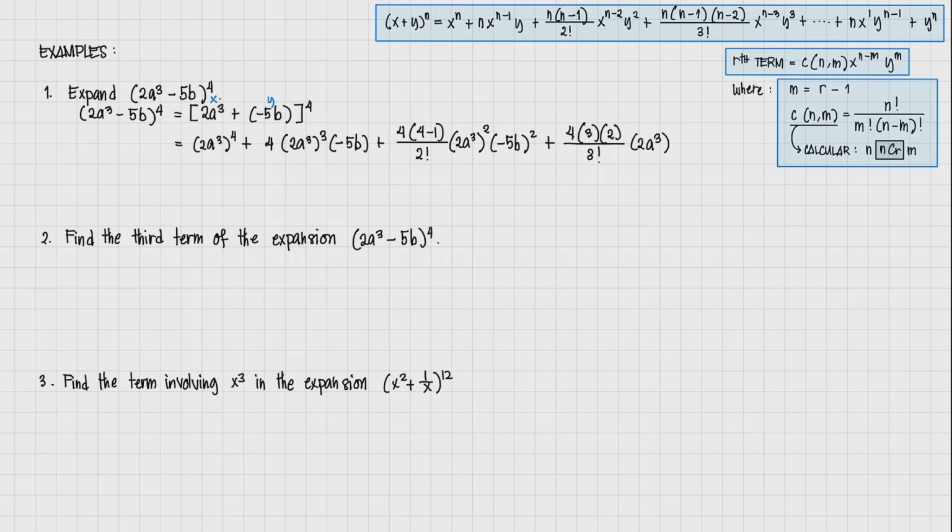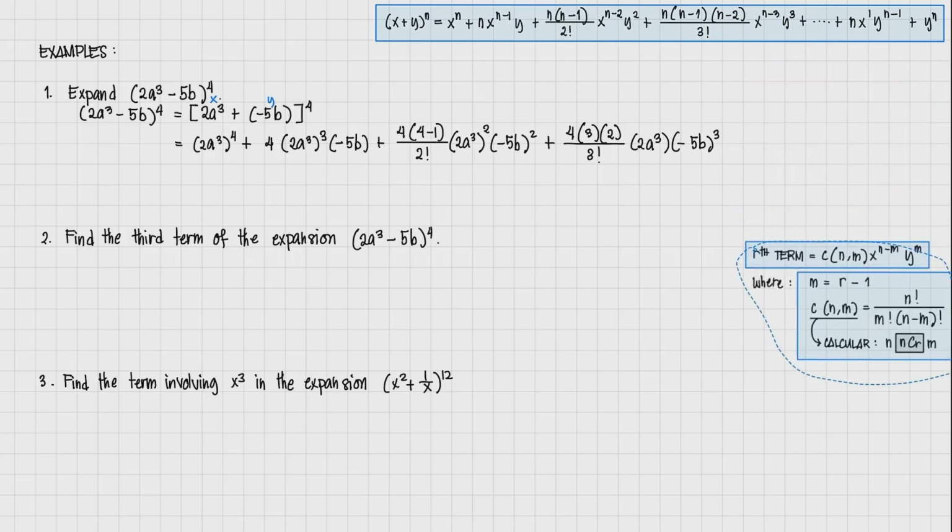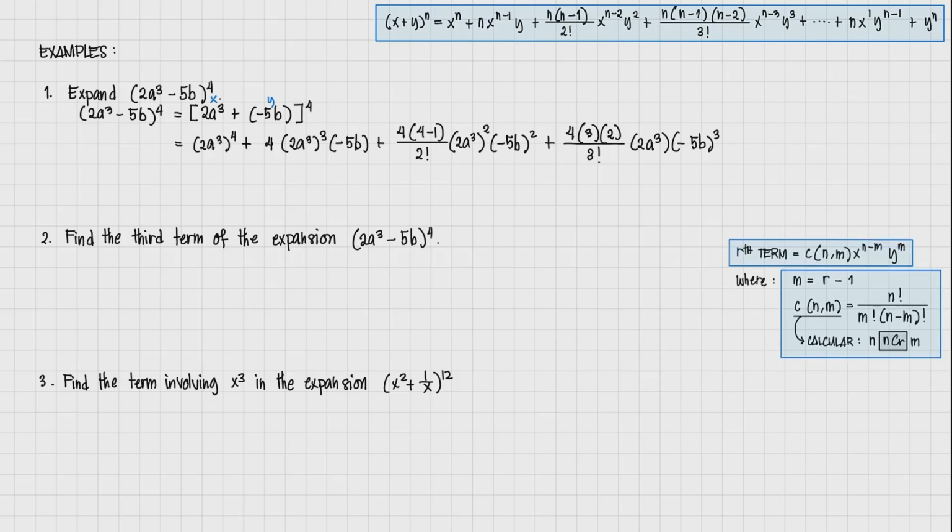Then times y, again, this is negative 5b raised to 3. Plus, so I think we need to move this one since sa baba pa naman to kailangan. So plus y, which is negative 5b raised to 4.